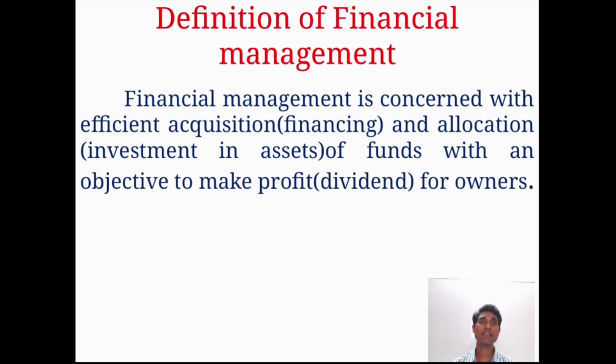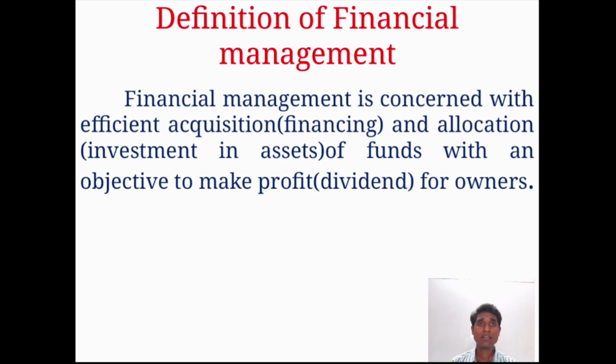Here in this definition also we are referring to the previous three questions. One is the financing decision, one is the investment, and the other thing is dividend. In fact, the total financial management deals with only these three areas: the financing decision, the investment decision, and the dividend decision.